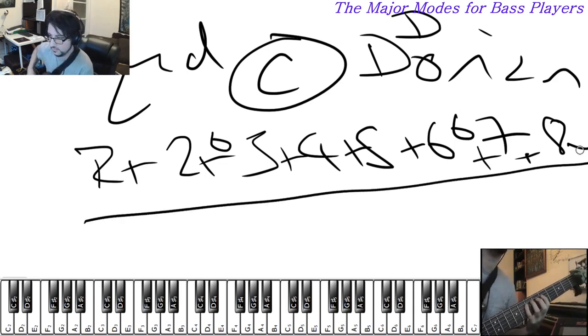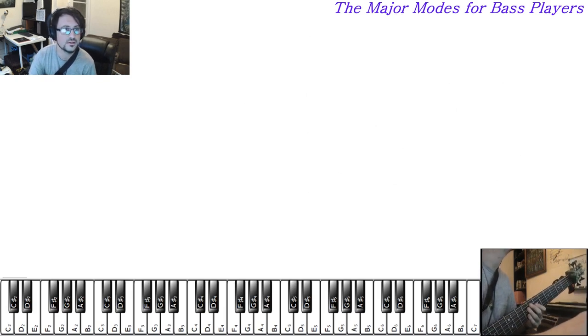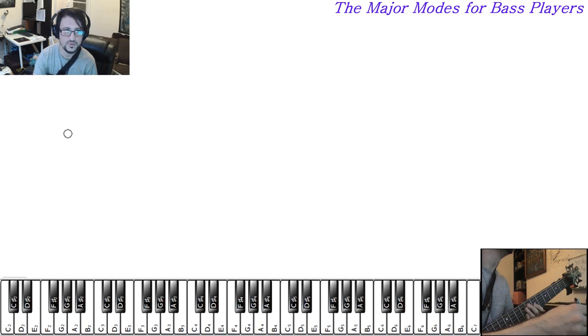So we've got root, 2nd, flat 3rd interval, perfect 4th, perfect 5th, major 6th, minor 7th, octave. I just like throwing that phrase in there whenever possible. So that is Dorian.